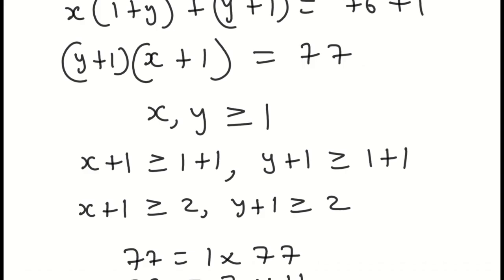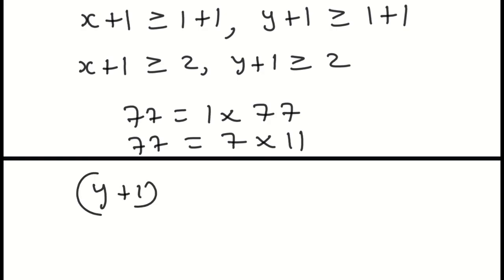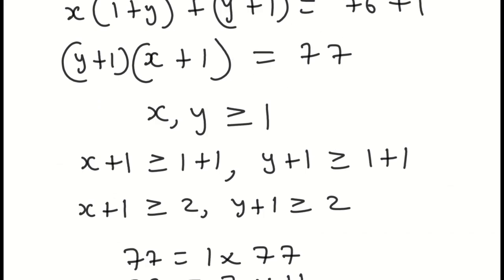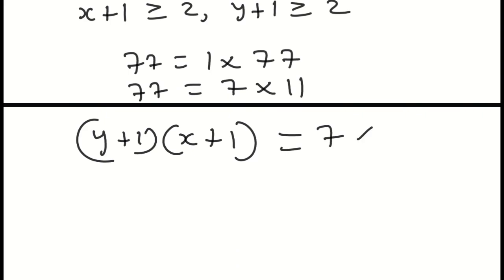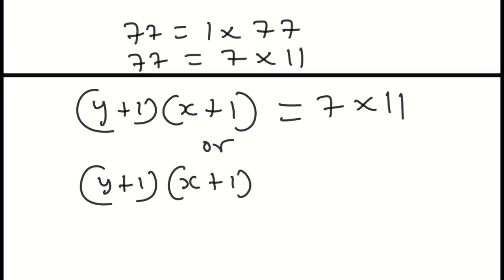Okay, so again, I'm going to erase this because that cannot be a condition. Now, y plus 1 in bracket and x plus 1 in bracket will be equal to 77. We're breaking it down to 7 times 11. Of course, you can say 7 times 11 or 11 times 7.